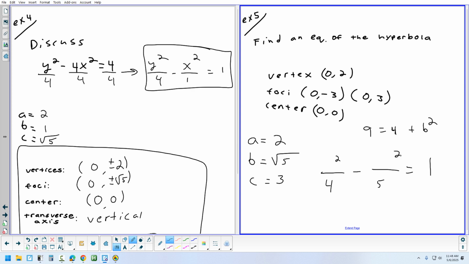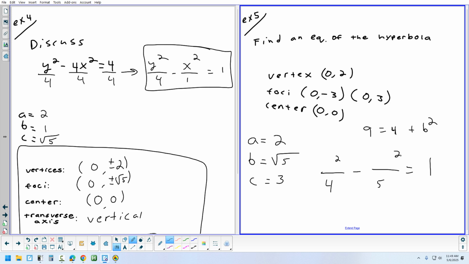Is it XY or YX? Look at the vertex, the focus, and the center. If you graph those points, do they line up horizontally or do they line up vertically? How do they line up?